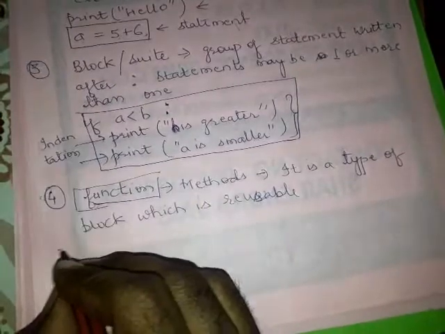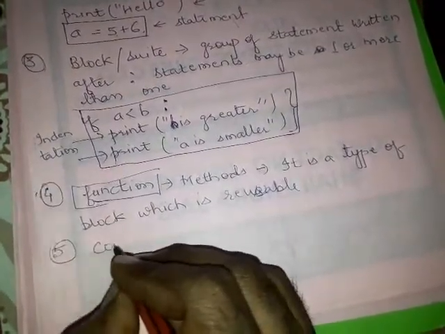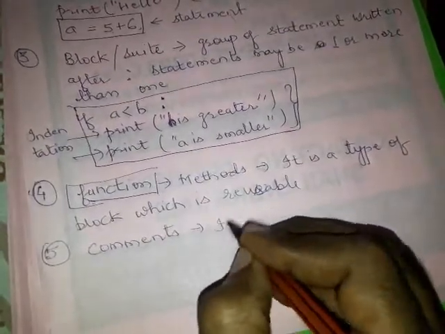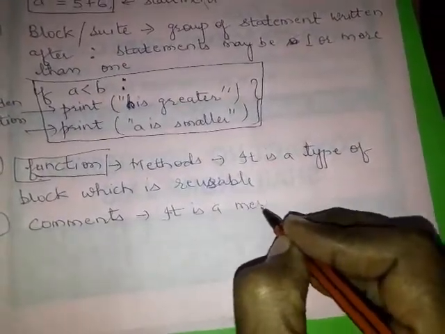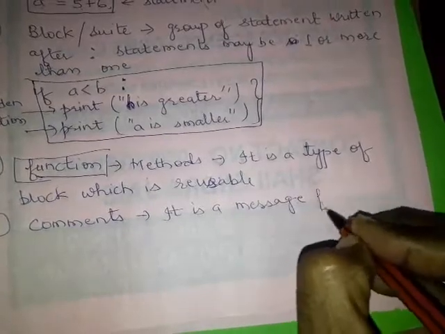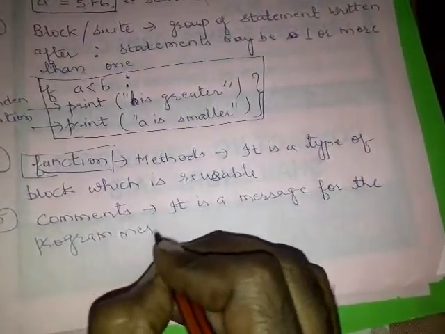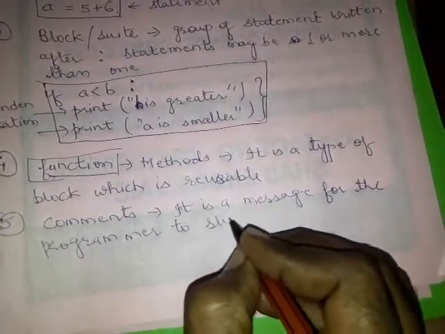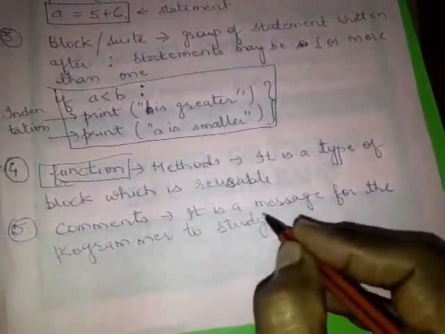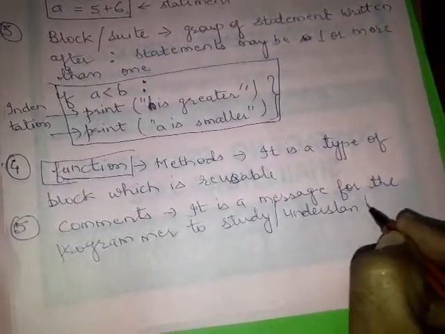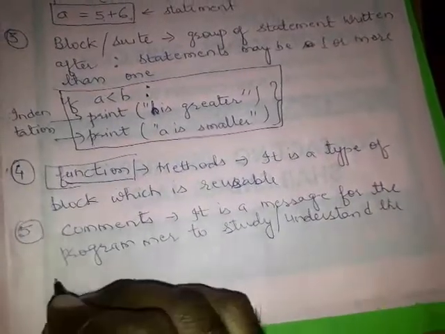The fifth one is comment. Comment is a message for the programmer to study or to understand the program.